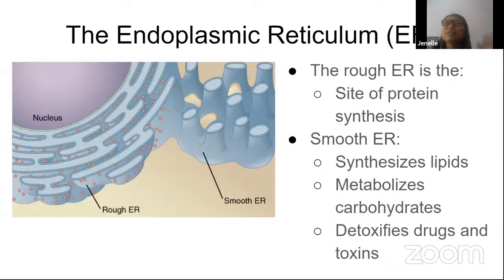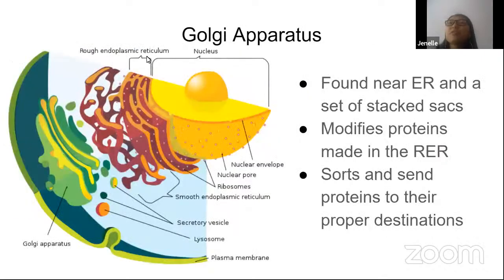So yes, we just ended with talking about the endoplasmic reticulum. And from the rough endoplasmic reticulum, as you can see in this Golgi apparatus diagram, which I'm going into next. Just going back a little bit from before, we went from the nucleus to the endoplasmic reticulum.